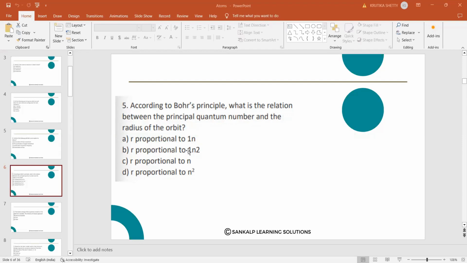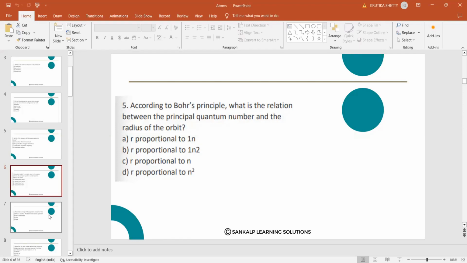Okay. So according to Bohr's principle here, R is proportional to n, that is option C is the correct option. That is from the energy relation you can see. In the energy derivation you can see that the n term will come in the denominator, sorry, numerator. So we can say R is proportional to n.